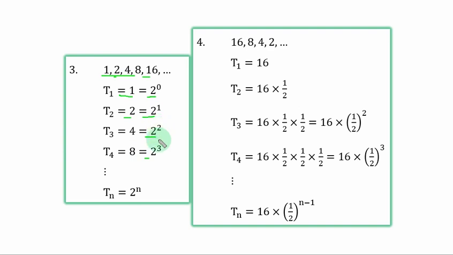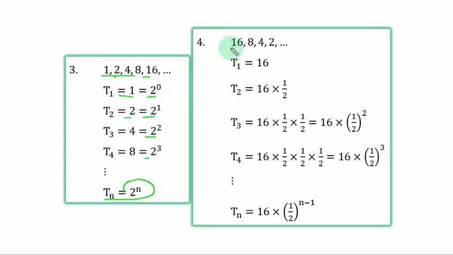So we can write the nth term of the sequence as t sub n equal to 2 power n. So that when n is 0, you have the first term. When n is 1, you have the second term, and so on.